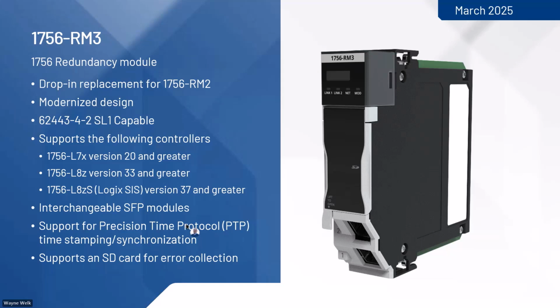For the most part, it will be a drop-in replacement, but the only gotcha here is you're going to have to remember to replace them in pairs. You can't have an RM2 work with an RM3. You're going to have two RM3s. Again, these are the redundancy modules, so anybody who uses these will understand that.